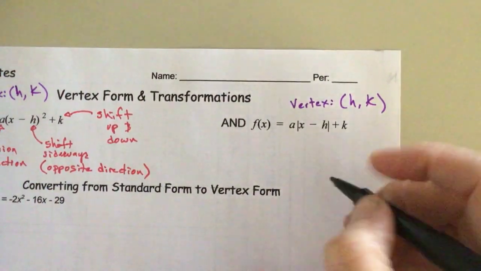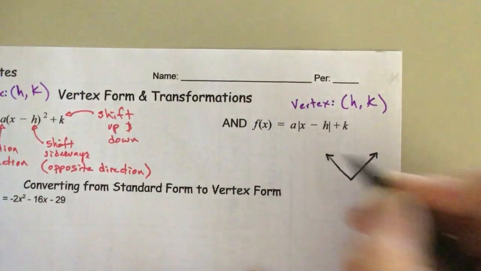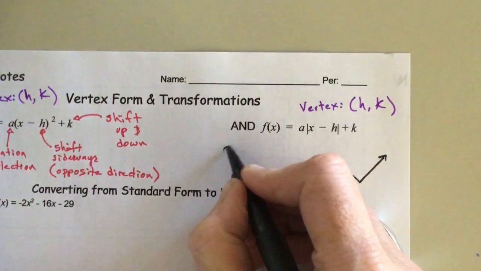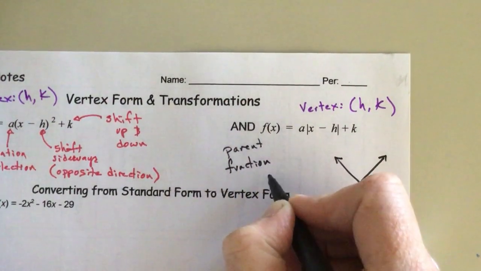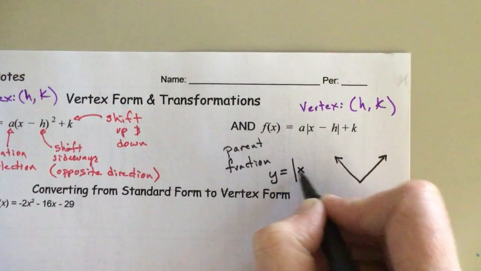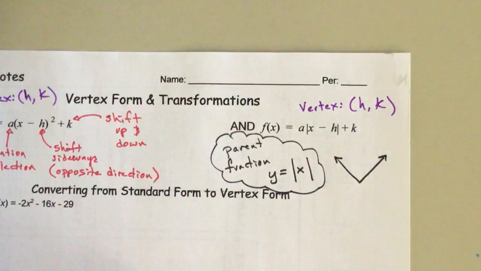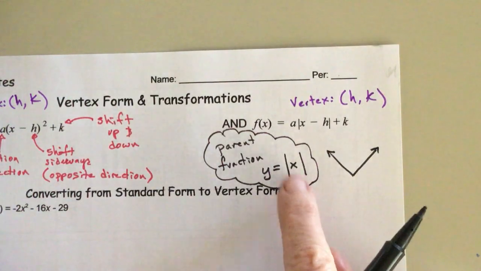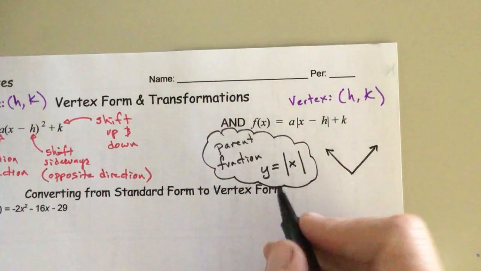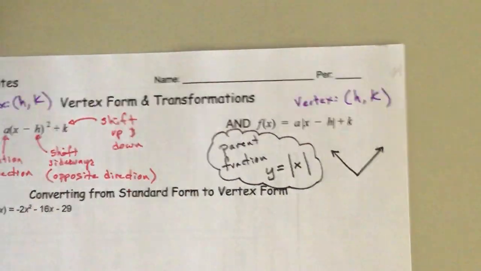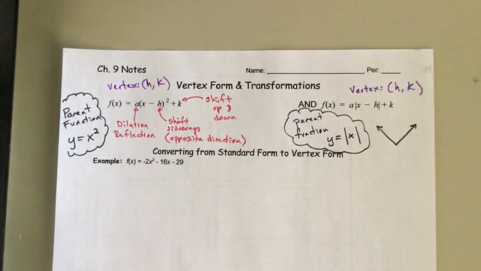So let's make a note that your absolute value function is like a V, and the parent function for absolute value, no bells and whistles, is simply y equals the absolute value of x. And you're going to get a little reminder in today's lesson on what absolute value does. In a nutshell, it makes everything inside the bars positive.